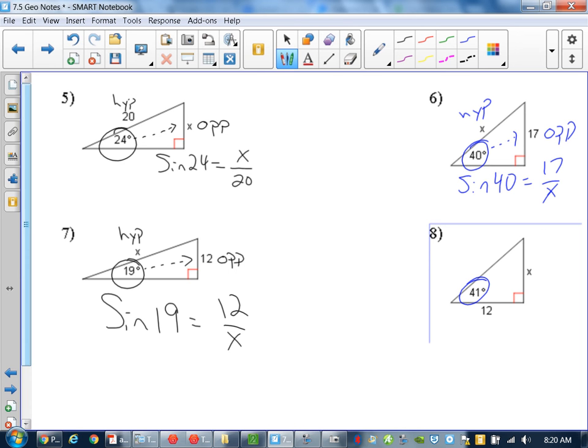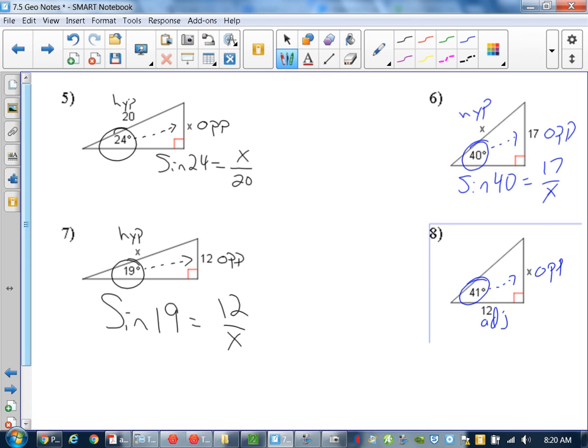Start at the 41. X is the, 12 is the, which one is it using? Very good. If it just stays like this, it really does stay like this. It's just a matter of the sequence that you have to press buttons in the calculator, and that's where it can get kind of messy if you're not careful.